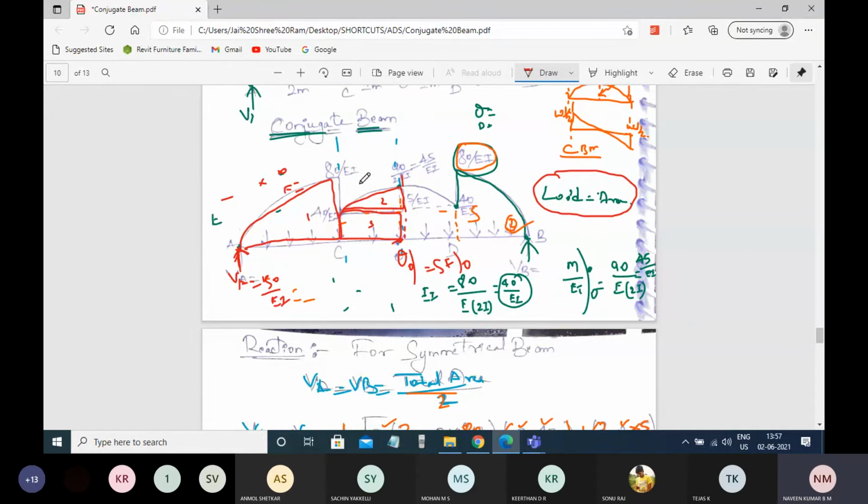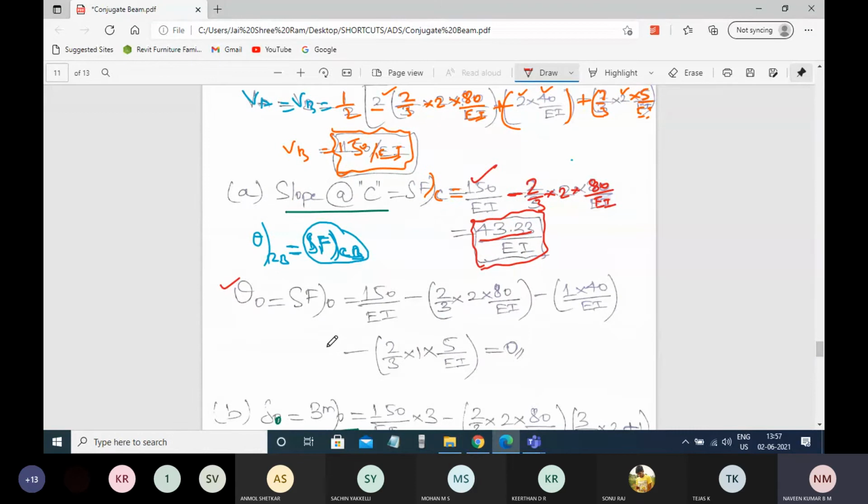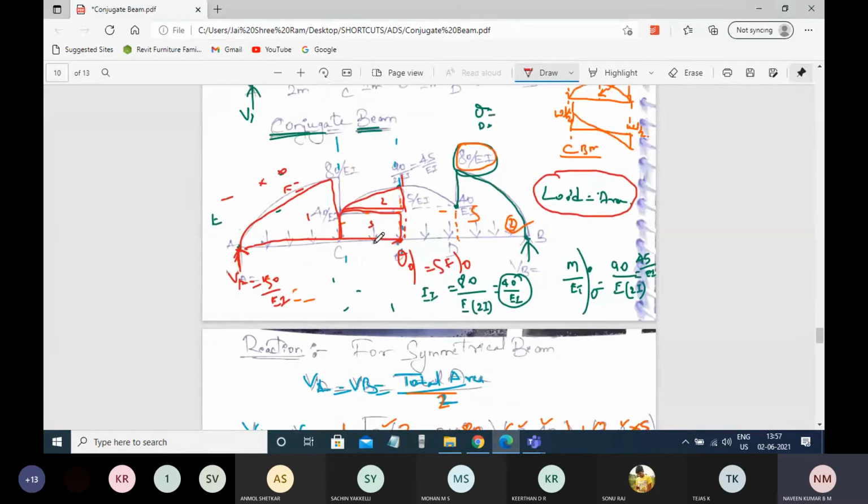This is acting upward, so positive, that is VA, that is 150 by EI, minus the area of the bigger quadrant, that is 2 by 3 times 20 times 80 by EI, minus the area of the rectangle.